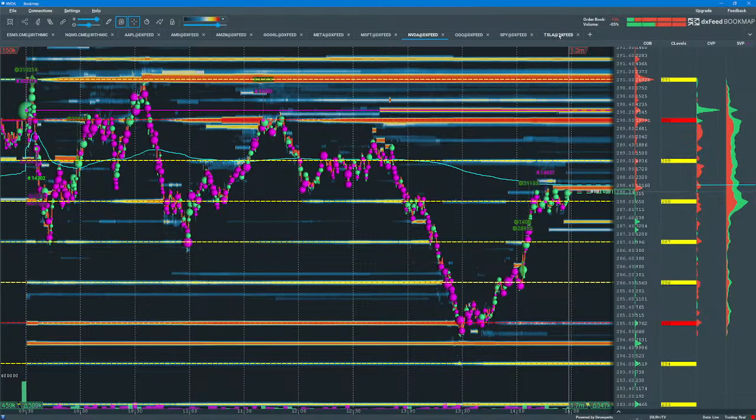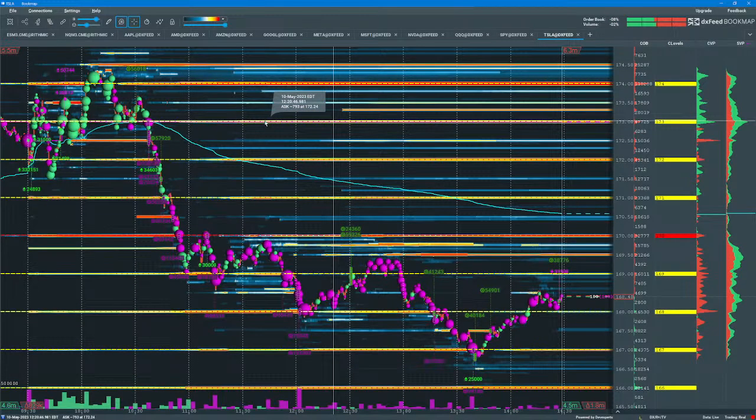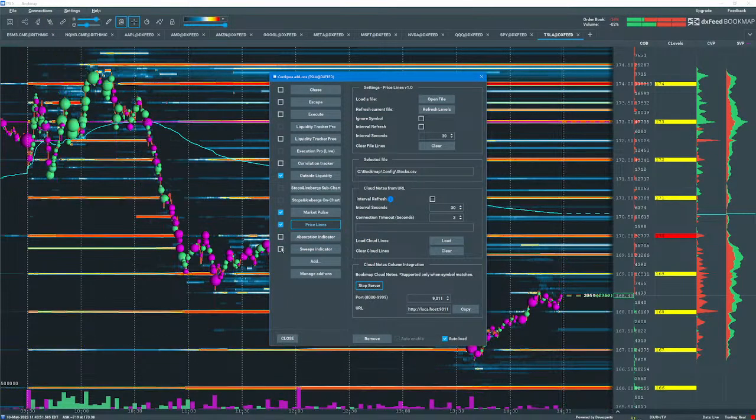So NVIDIA and Tesla are two stocks that often have a very strong correlation between hedging options trades, hedging flow, and price action. So here's a reversal. I'm going to turn this off so we can see price a little bit better.